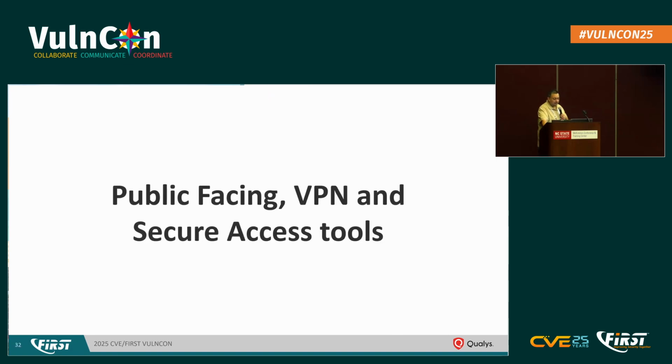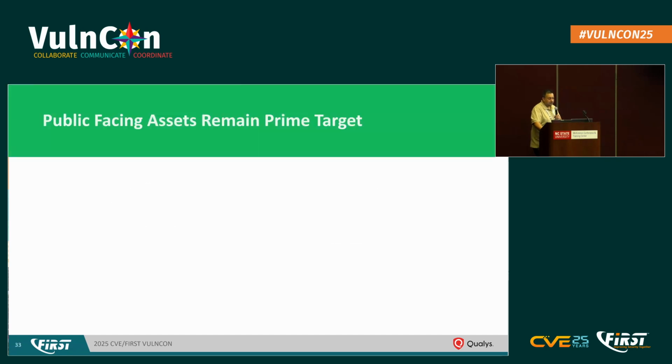Let me just head to the public facing VPN and secure access, because we are seeing a lot of interest from the adversaries on this, and it's clearly not getting enough attention. The data is showing that.